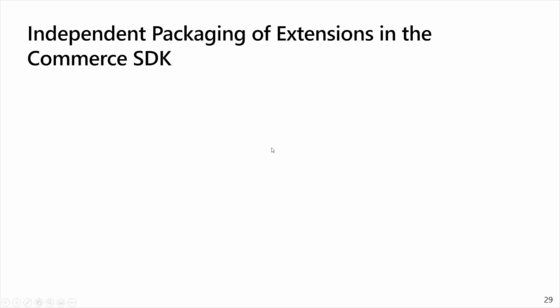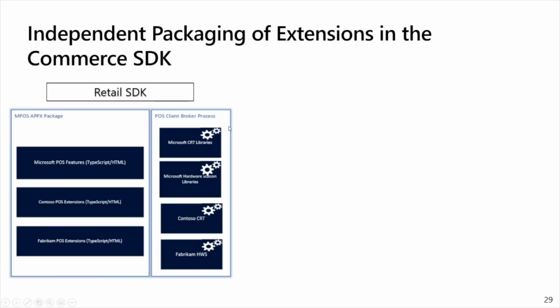And then the last and the biggest change with the Commerce SDK is the packaging model as well as the developer experience. In the left diagram here, we see what we had with the legacy retail SDK, where all of the Microsoft code as well as extension code was packaged into the same Apex package.